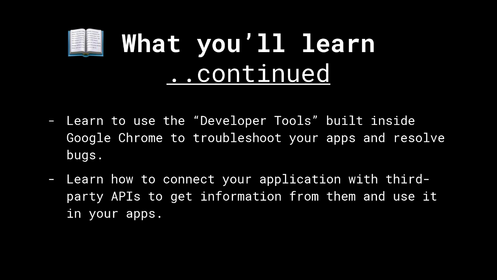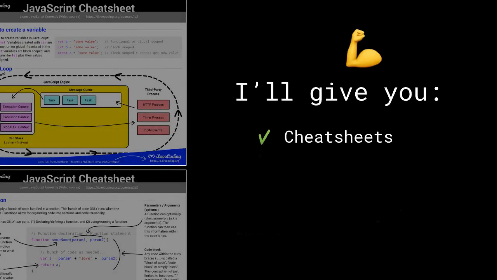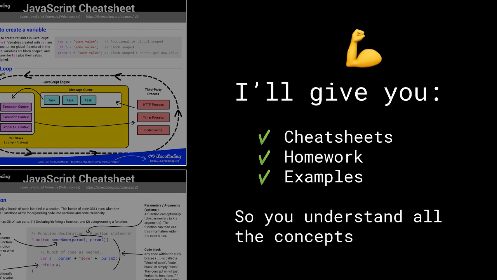Now, keep in mind all these complicated words that I've used so far. You will understand all of them because I will take you piece by piece and explain them all to you. I will give you cheat sheets, homework, and examples along the way so you understand all of the concepts.